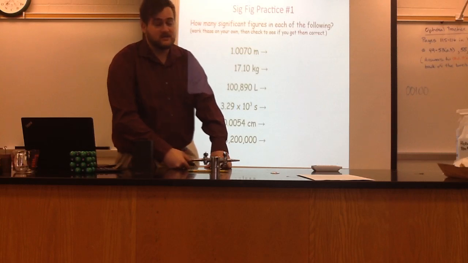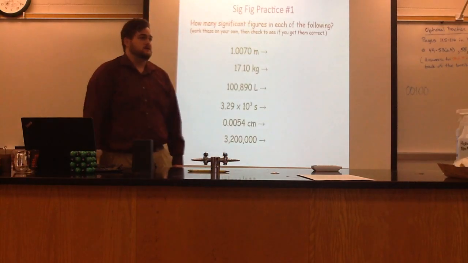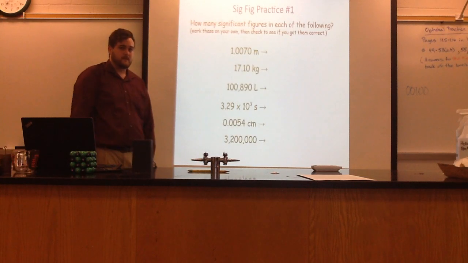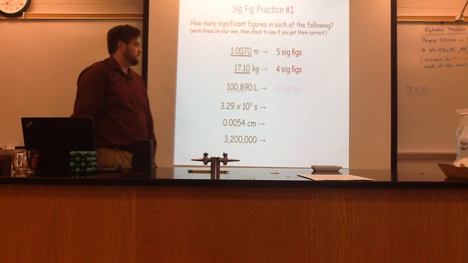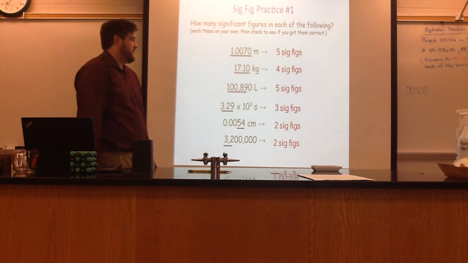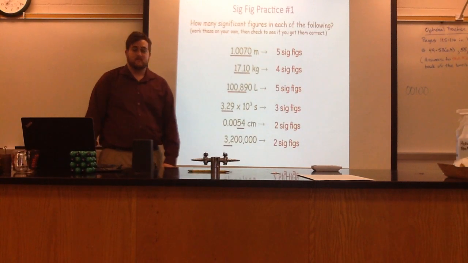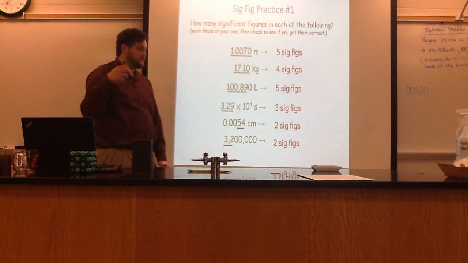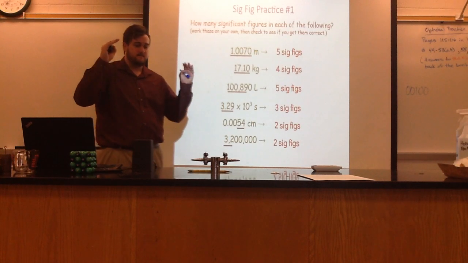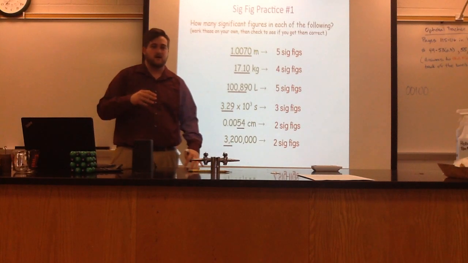I'm not going to cover them too much, but I do want to at least display it on the board. So, there are your answers for this one. If you did them correctly at home, good job. If not, definitely look over those rules again and see where you went wrong.